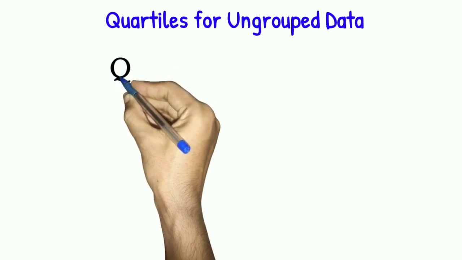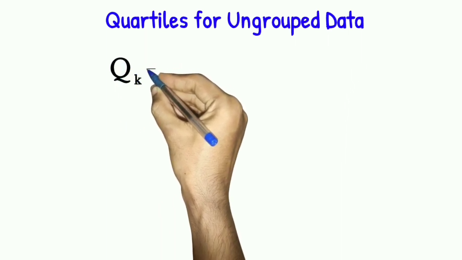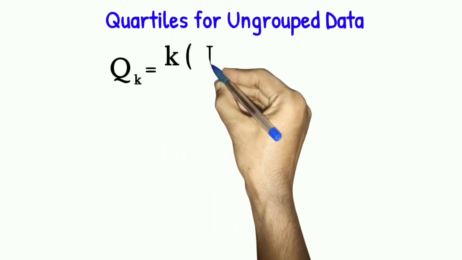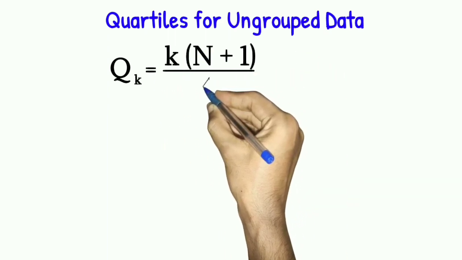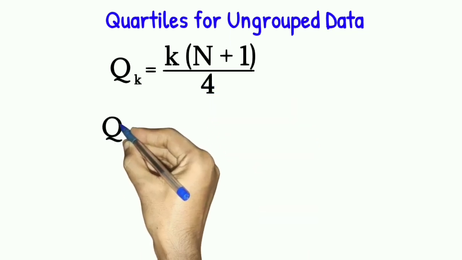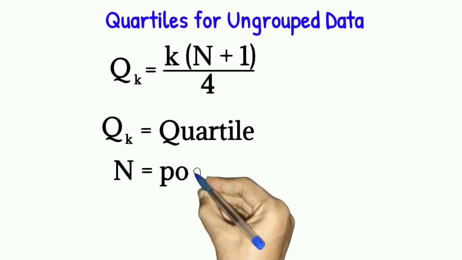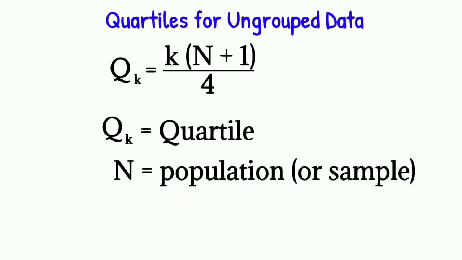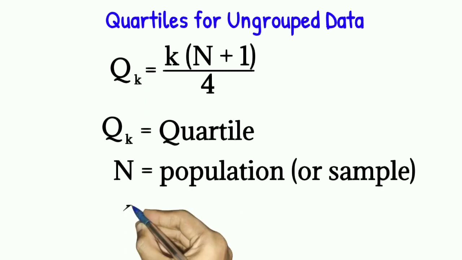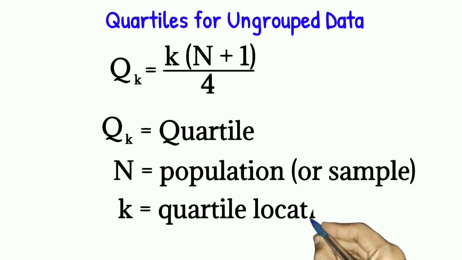Quartiles for group data will be discussed in a separate video. To compute the quartiles for ungrouped data, use the following formula. Q sub k is the quartile, n is the population, or if only a sample is given, then n is the sample. And k is the quartile location.